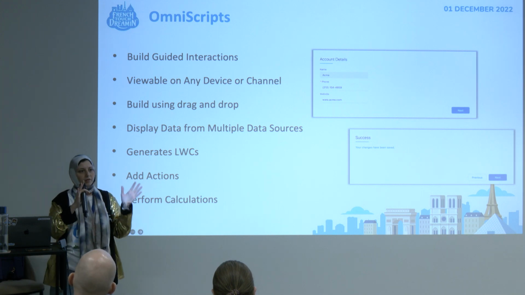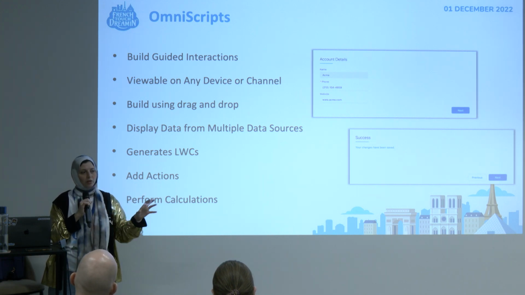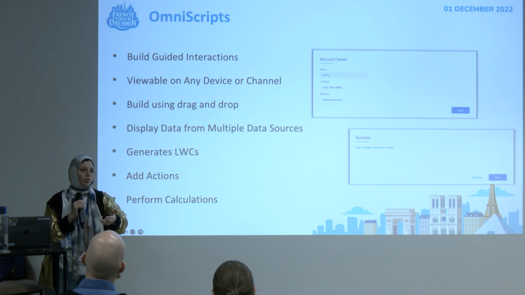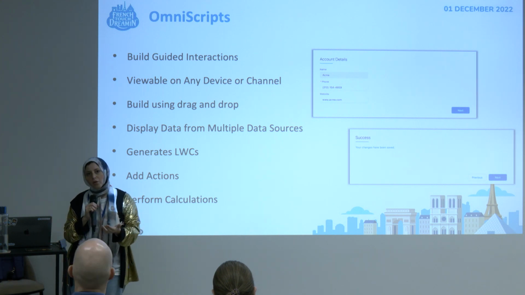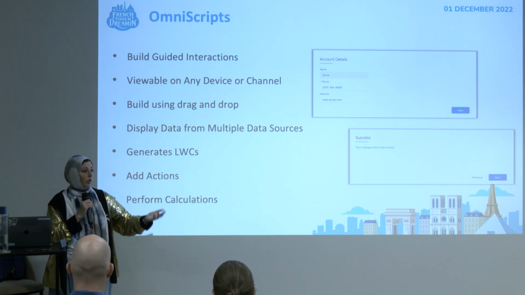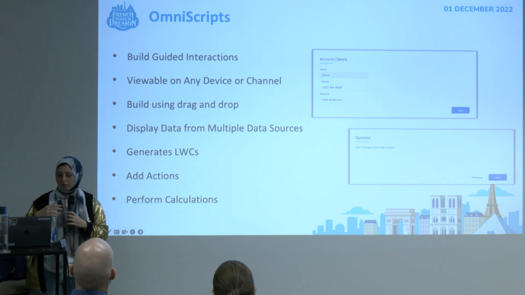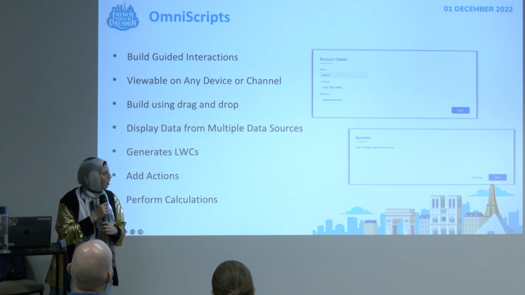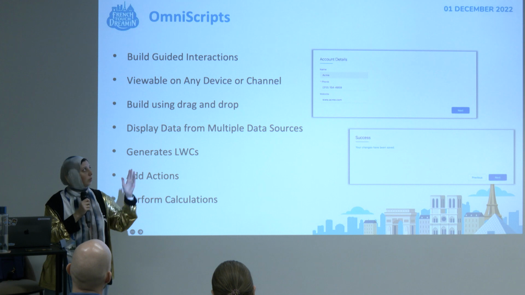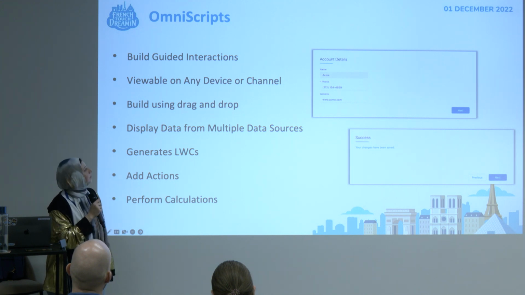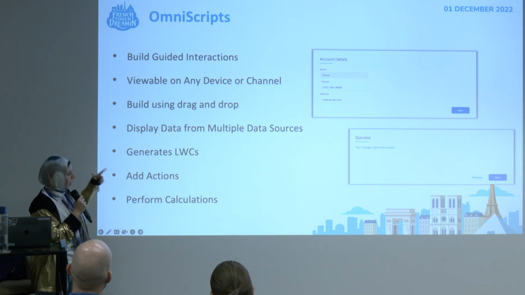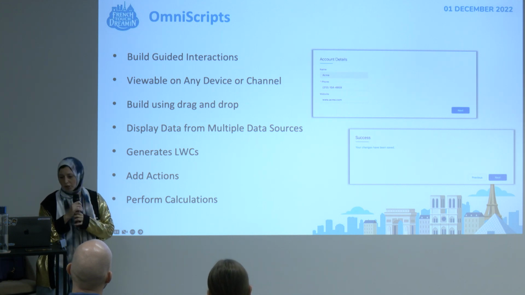First, you have the first screen entering your information, your name, your email, and then you have the second screen where you upload your passport and other useful documents, and then maybe another screen for confirmation, or entering where you are staying, or the time that you are staying in that country. Whatever it is, if it can be done in a series of steps, then you can use Omniscripts. Similar to Flexcards, they also generate a Lightning Web Component. You can have actions in your Omniscripts, and it's also viewable on any device or channel.